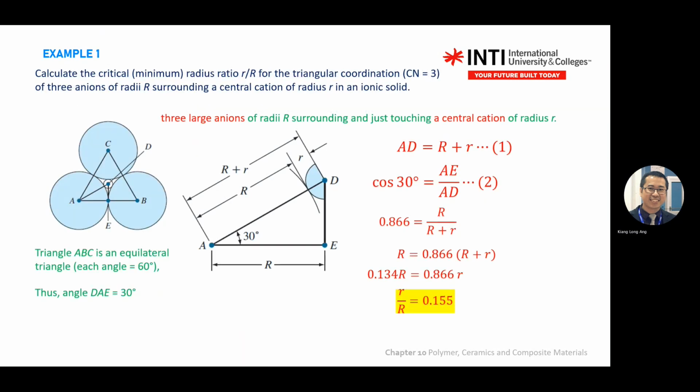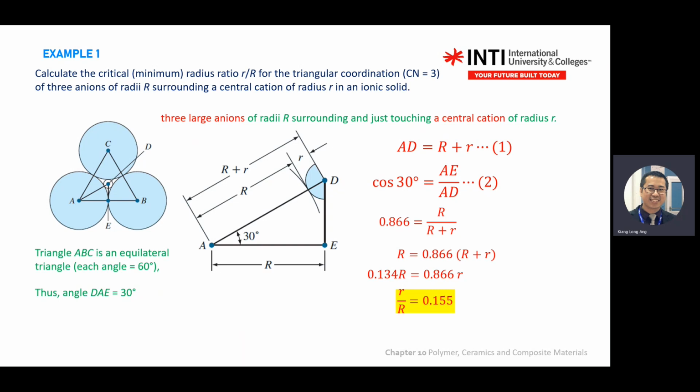So this is the first example, of how you get the ratio even though you're not given the exact number of the radius. You try to ask yourself, if the question is reversed and you're given the ratio, are you able to work back to this CN number?